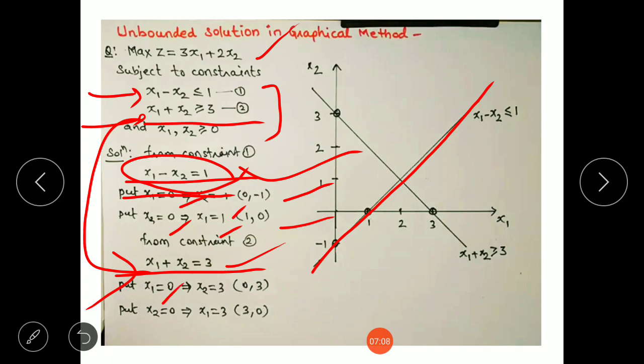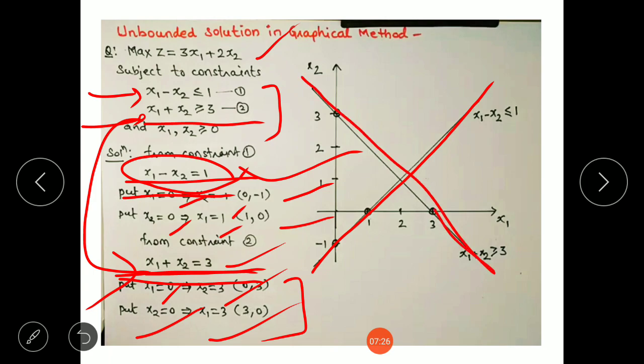Putting x1 is equal to 0, we get x2 is equal to 3, and putting x2 is equal to 0, we get x1 is equal to 3. So there are two sets of points, that is (0, 3) and (3, 0), for the equation x1 plus x2 is equal to 3. After plotting these points, we will get this line. So this is the line for the equation x1 plus x2 is equal to 3, which has been obtained by converting the inequality constraint x1 plus x2 greater than or equal to 3 into the equation form.